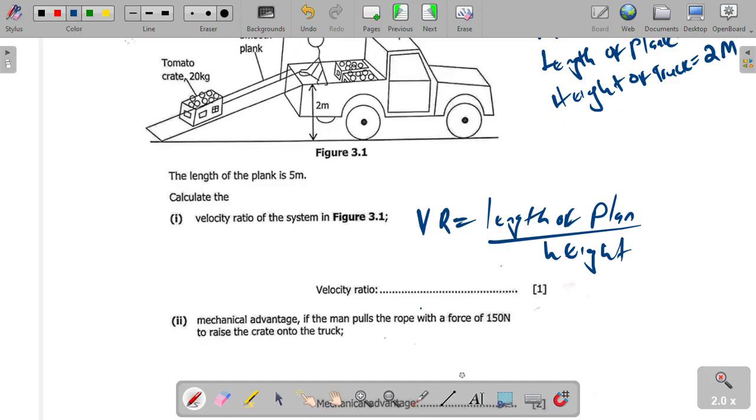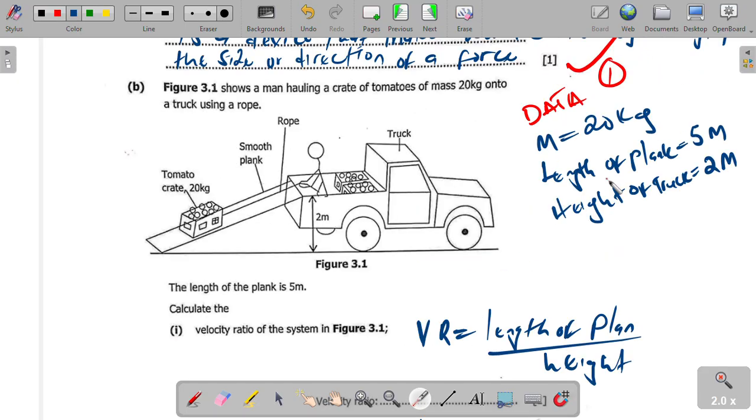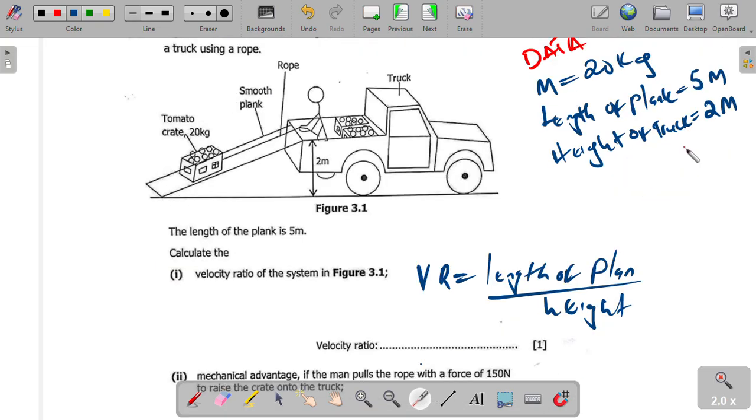So the length of a plane we have, okay, which is where? Which is here, the length of the plane or plaque, 5 meter.